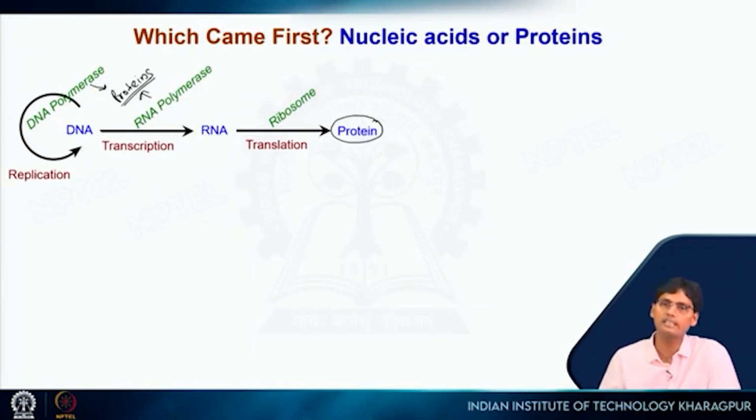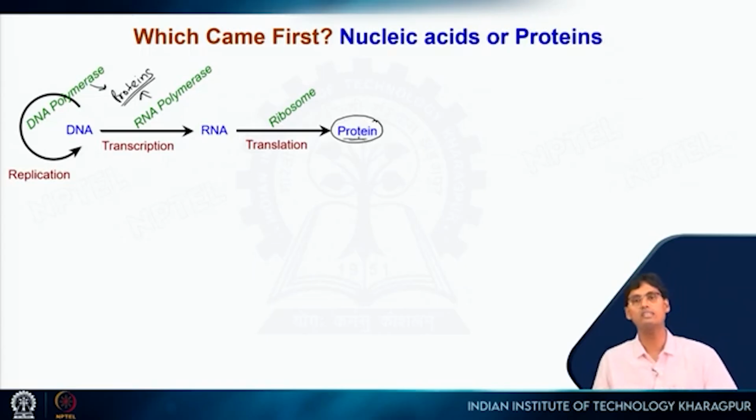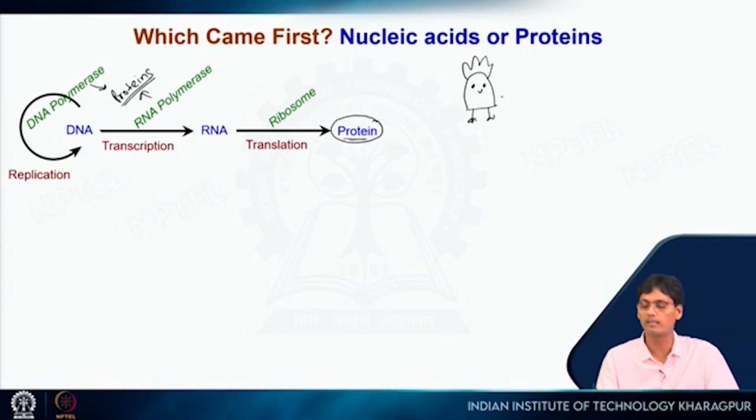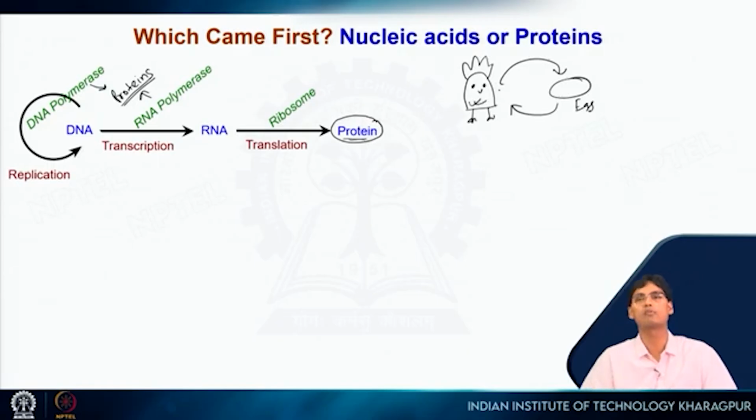So the question is how those proteins, how those enzymes are formed. If the protein formation is at the end, how did life start? This is a difficult question to answer. This is a chicken and egg problem.